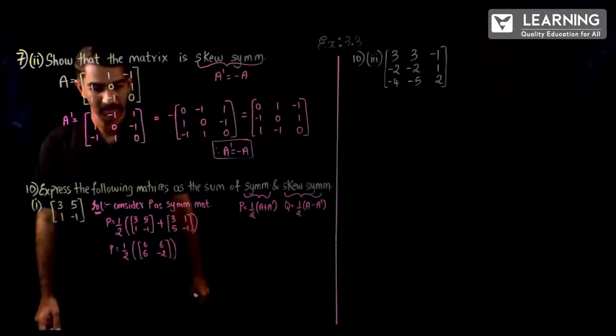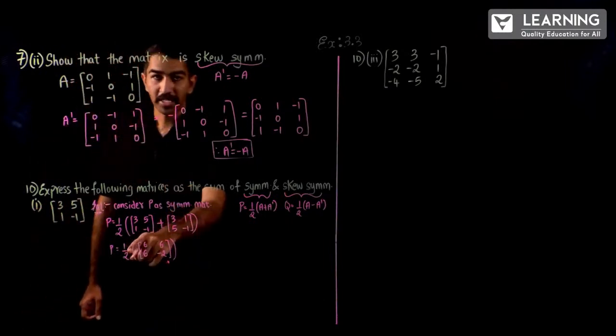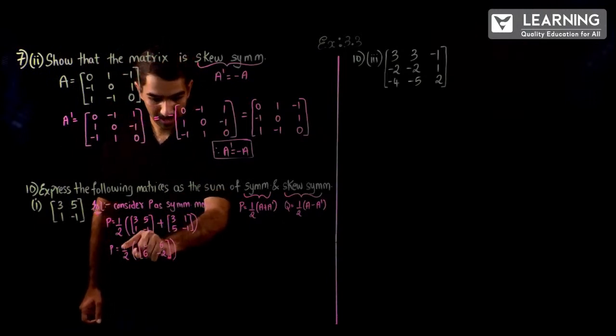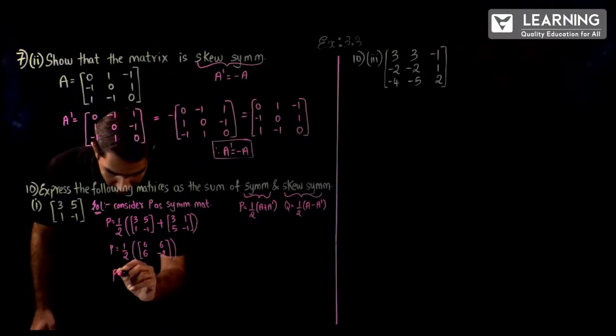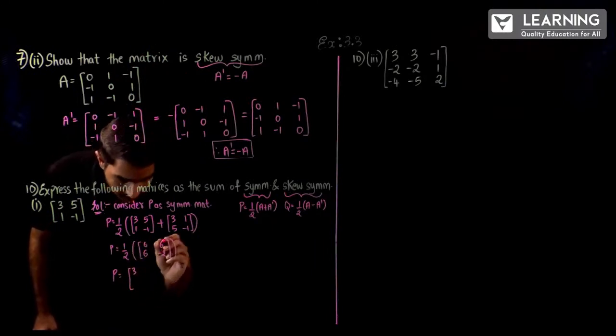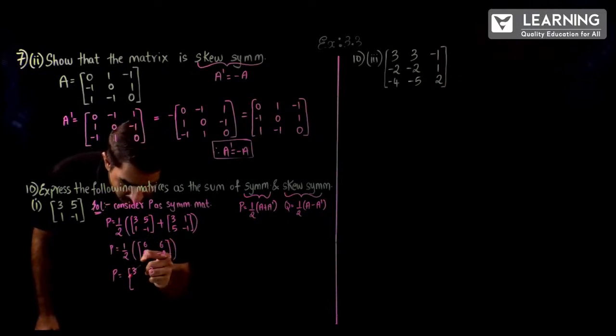Close the bracket. What do we have outside? Outside we have 1 by 2, right? Scalar multiply this with the matrix. What will we get? P equals, 6 by 2 is nothing but how much? 3. 6 by 2 is again 3. 6 by 2 is again 3. Minus 2 by 2 will become minus 1.